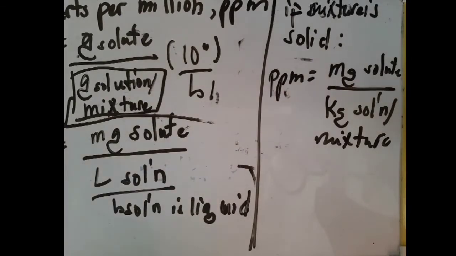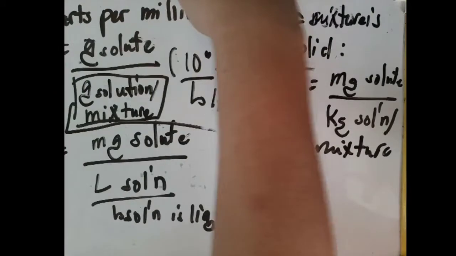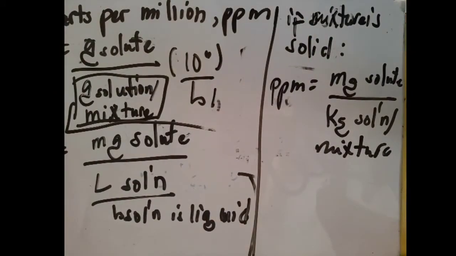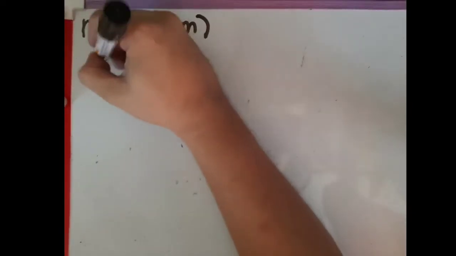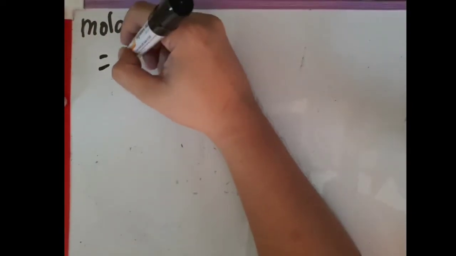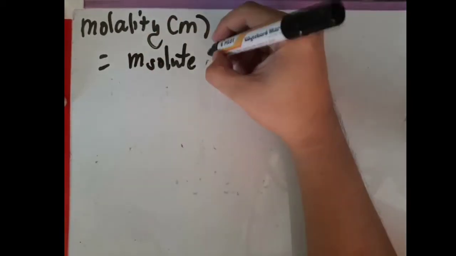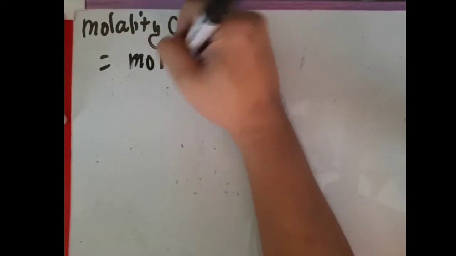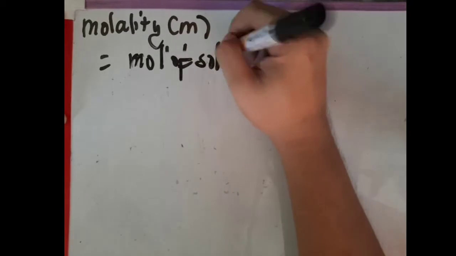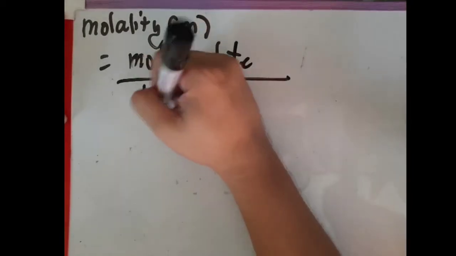So now, let's proceed to molality. Simply, molality is equal to the mole of solute per kilogram of solvent.